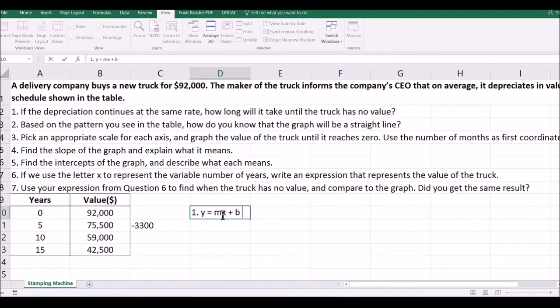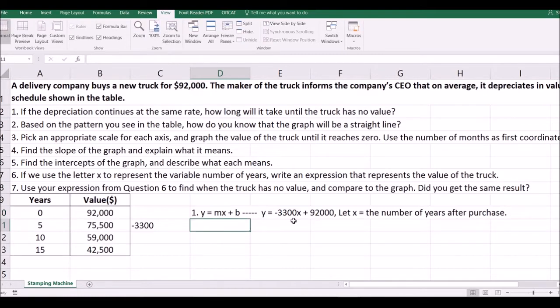And so here we're going to end up with y equals negative 3,300 x plus the starting value. And now make sure here we're going to say let x equal the number of years after purchase. You want to be specific on that.